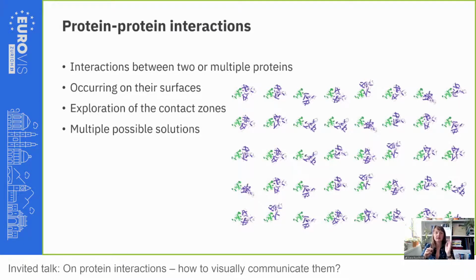Then you can get a list of even hundreds, or in some cases we are also experiencing thousands of possible configurations, which should then be explored and assessed by the biochemists for their biochemical feasibility, if this is actually something which is possible to happen or not.